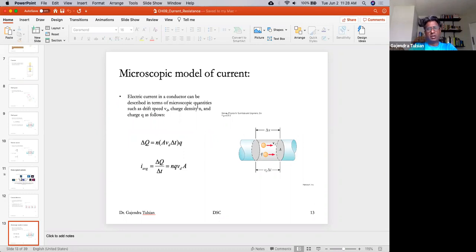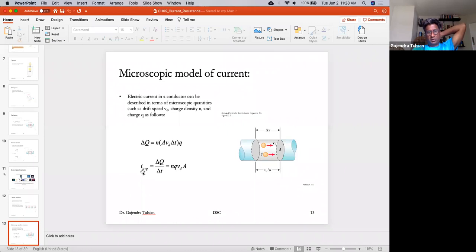All right, so here is a microscopic model of currents. Here's a wire, and if electrons are flowing in one direction, current is flowing in the other. But for now, let's say these are positive charges moving in this direction. The average value of the current is n, the carrier charge density, how many free electrons there are per cubic meter, or whatever charge is carrying the current, times q, the charge of the carrier, times vD, the drift velocity, times A, the area of cross-section of the wire.